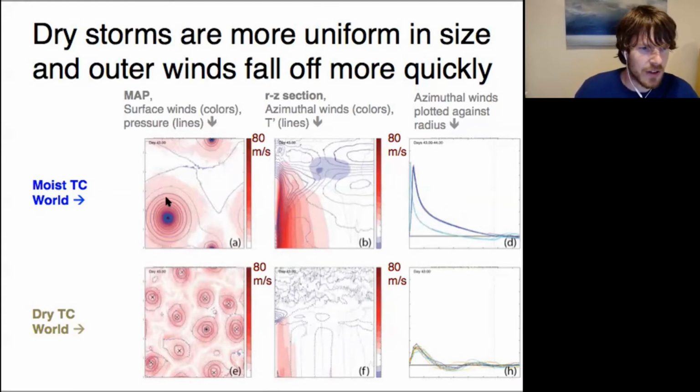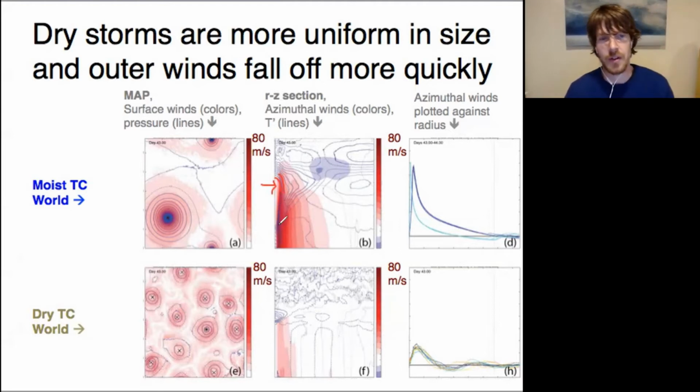And finally, the structure of the warm core is dramatically different. These contour lines here indicate the temperature perturbation from the horizontal average. So moist storms have anomalous warmth that's peaked well above the surface, but extends deep down into the troposphere.